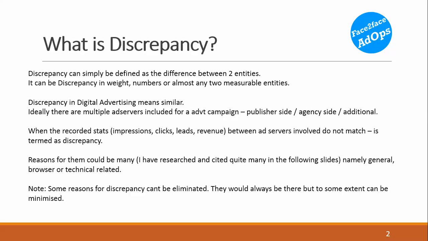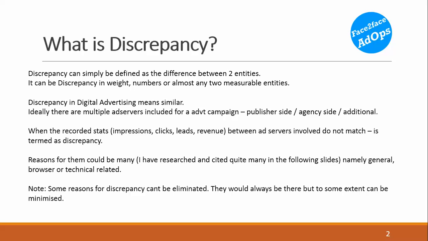Discrepancy can simply be defined as the difference between two entities. It can be discrepancy in weight, numbers, or almost any two measurable entities. Let's say you bought some packaged food and the total weight is mentioned as 1 kg.